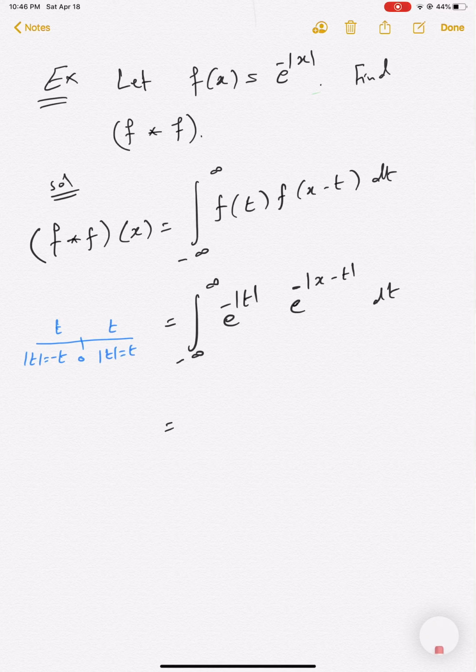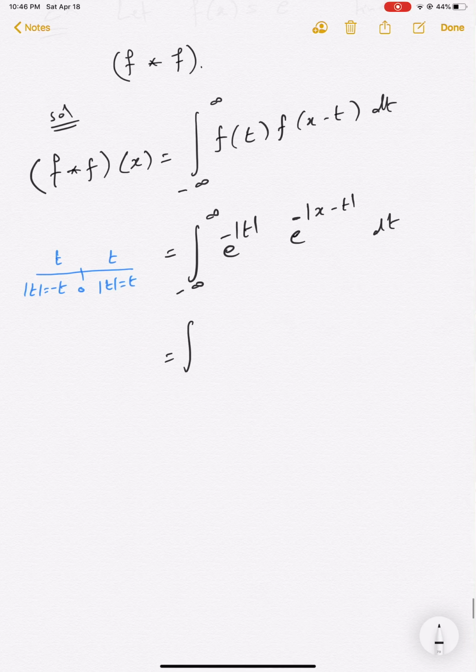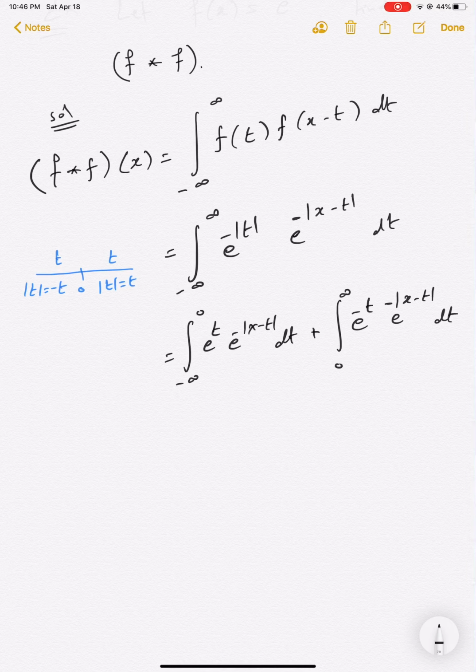So for this integral, we need to split it from -infinity to 0, and in that case, the absolute value of t is -t, so e to the minus absolute t is e to the t times this. Then plus from 0 to infinity, e to the minus t, e to the minus absolute value of x minus t, dt. Okay, so this is our convolution.